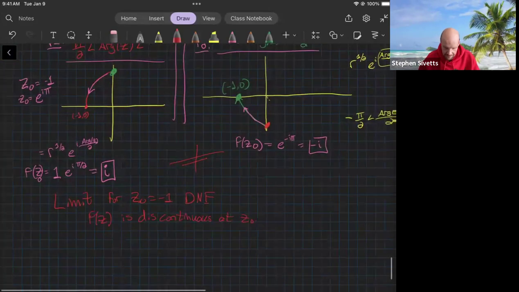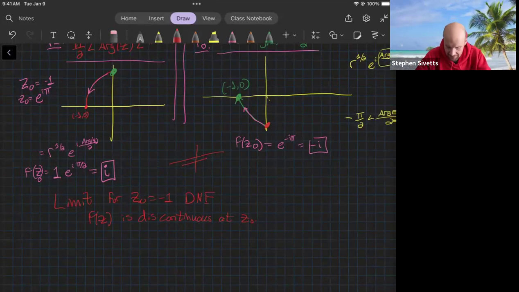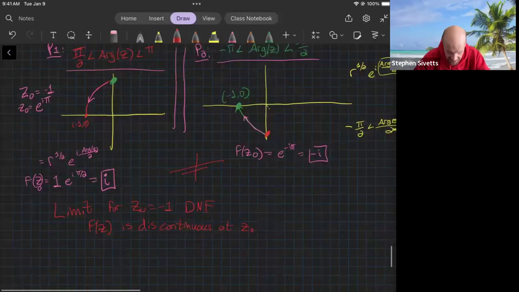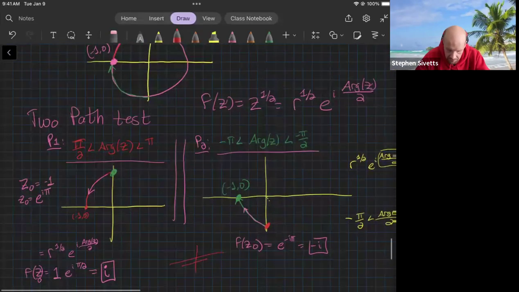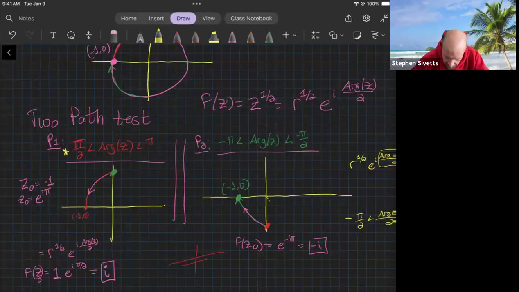At z naught, right? And as you notice, it's not even a function to begin with, and that's because of the limits for our principal argument in our two different paths, right?